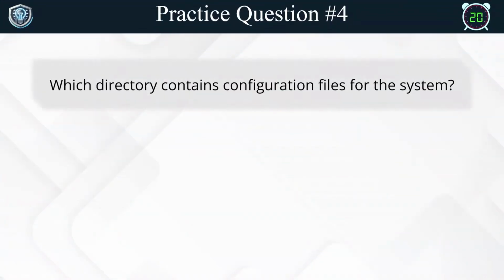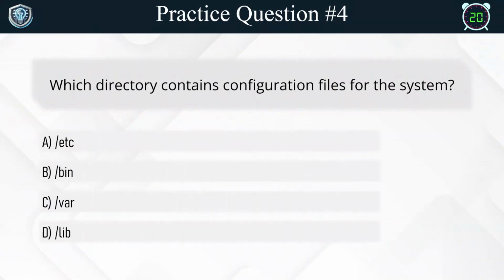The question is, which directory contains configuration files for the system? The options are option A, /etc, option B, /bin, option C, /var, option D, /lib.